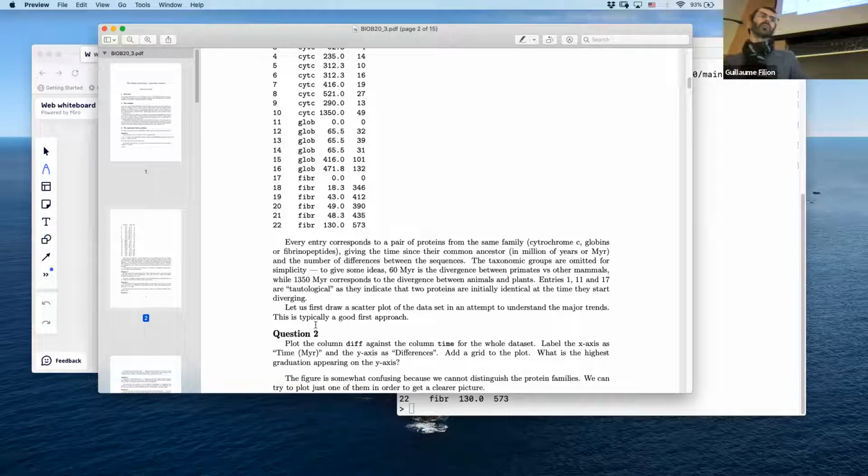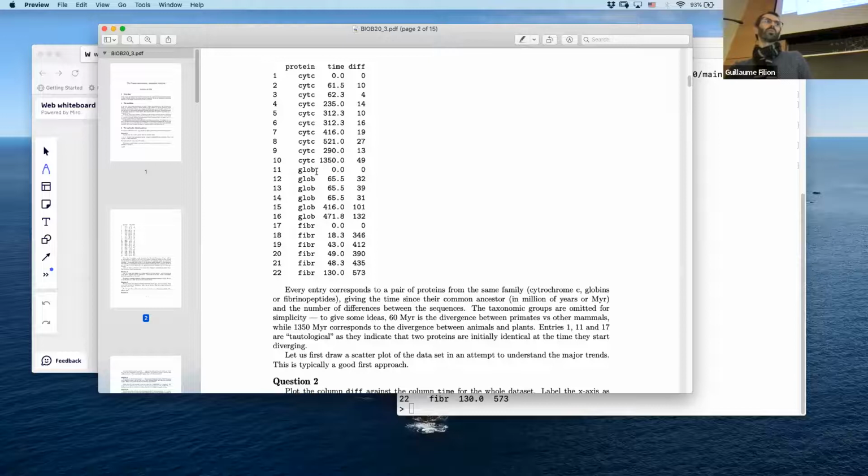And 1,350 million years ago, so 1.3 billion years of evolution, corresponds to the divergence between animals and plants. So now we're talking about things that are much, much, much bigger, because of course plants and animals have a common ancestor, but it was living 1.3 billion years ago, more or less.